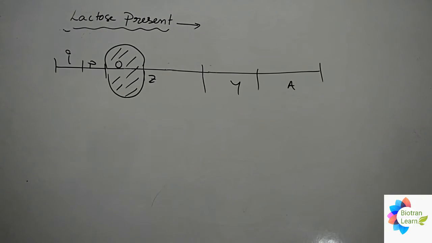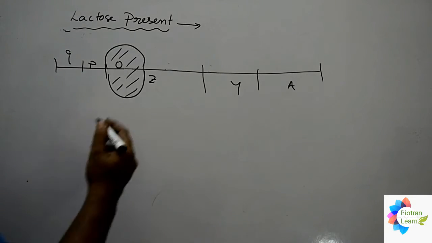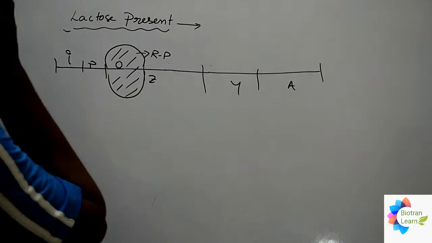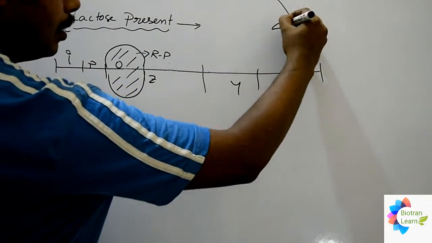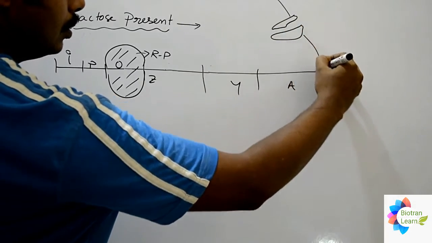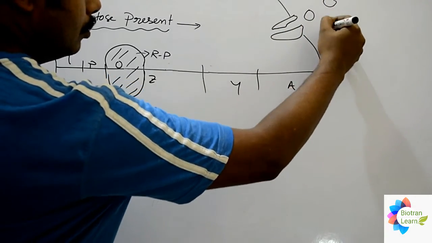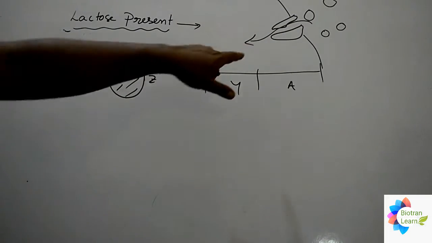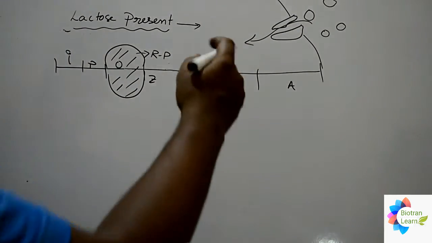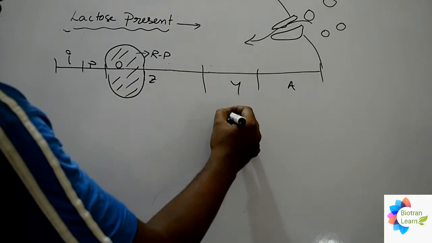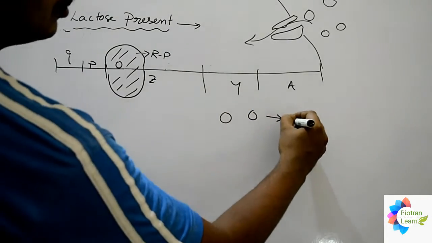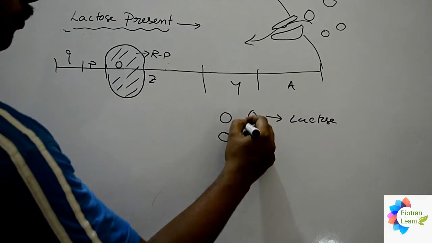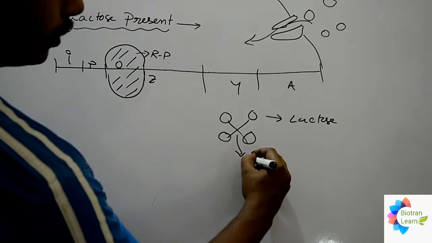What we saw earlier is that in this section the repressor protein was sitting. When the lactose molecules come inside the cell via the permease, these lactose molecules will combine and form a tetramer.